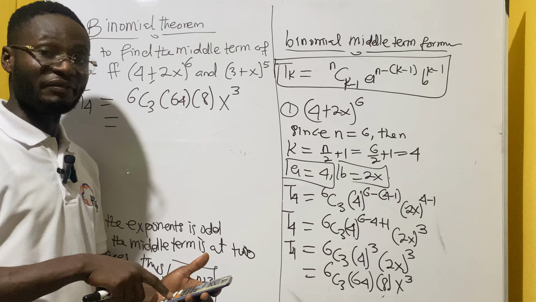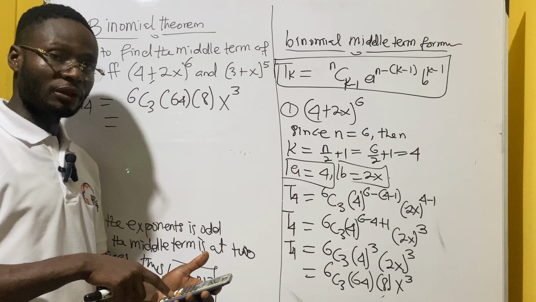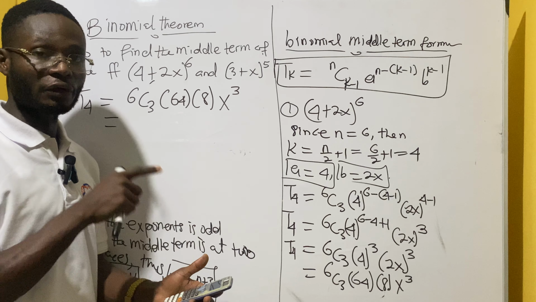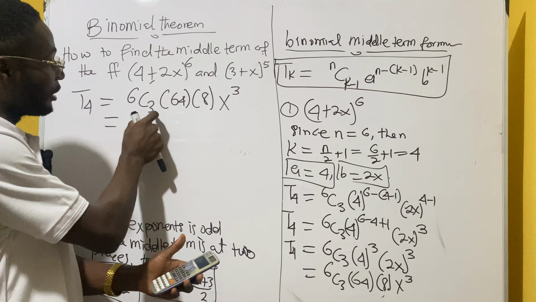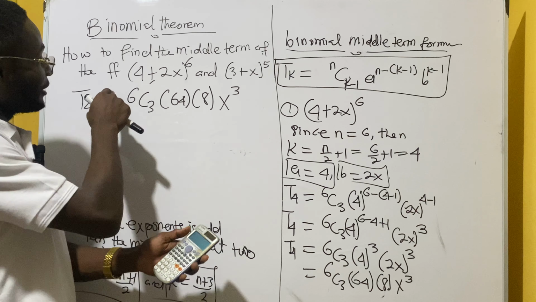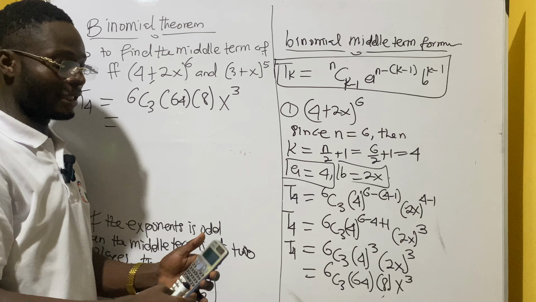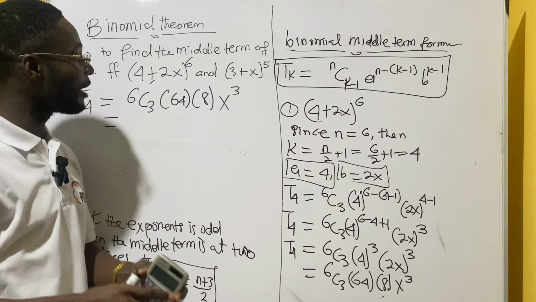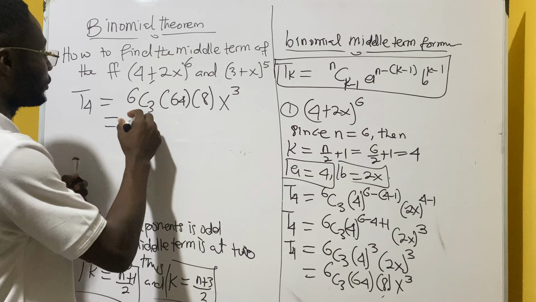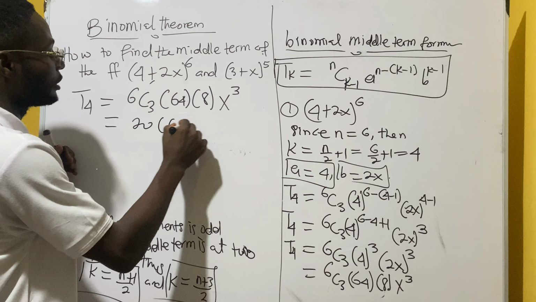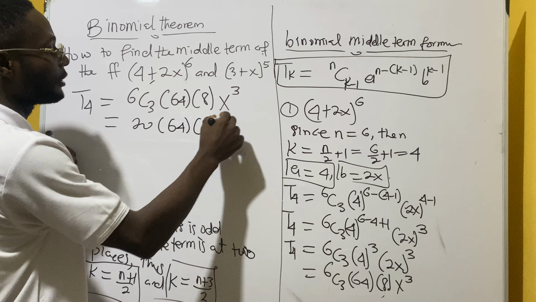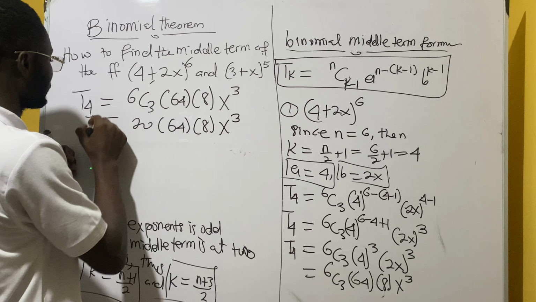You have the division symbol. Press on the division symbol, and then you have your combination that you are looking for. So that is 6 combination 3, and that is 20. So we have 6 combination 3 to be 20 into 64 into 8x cubed.